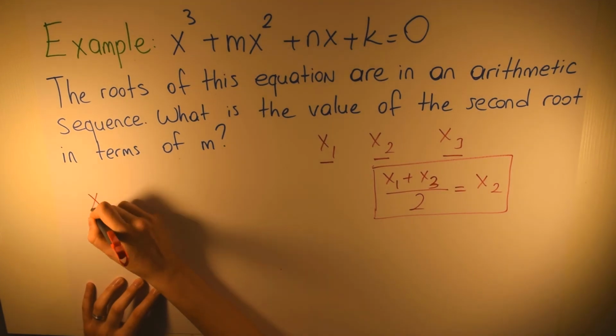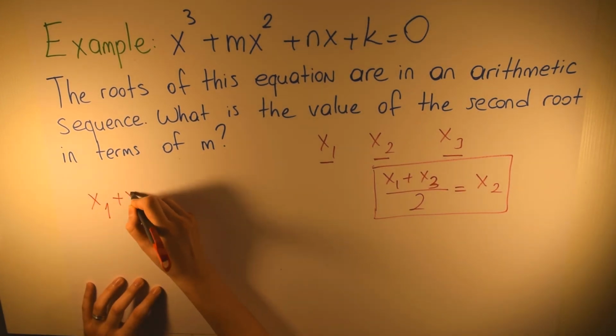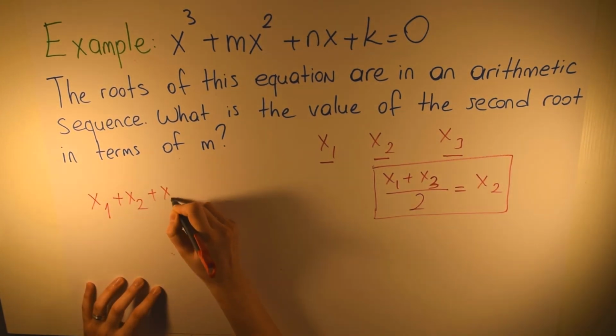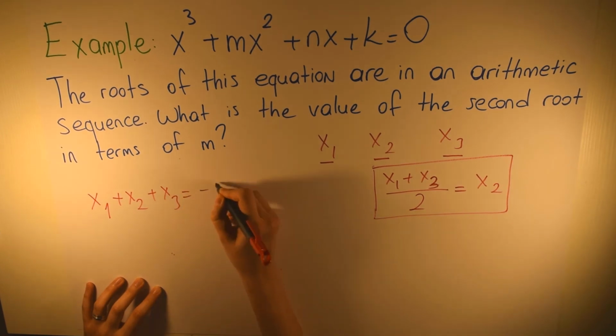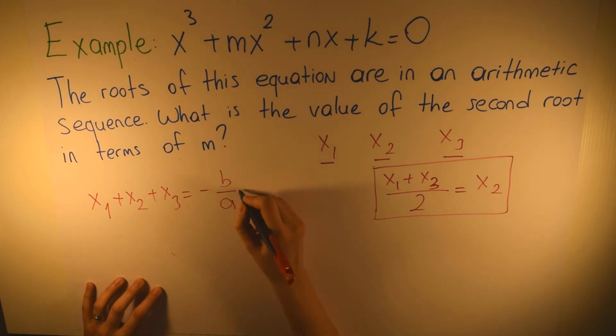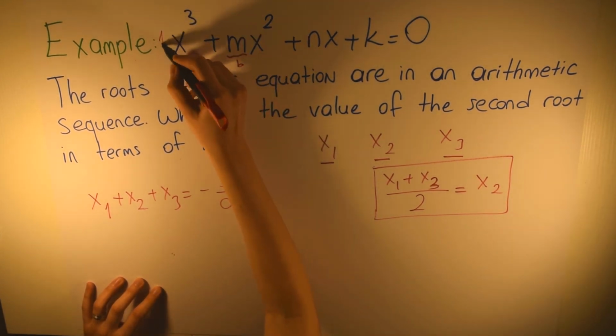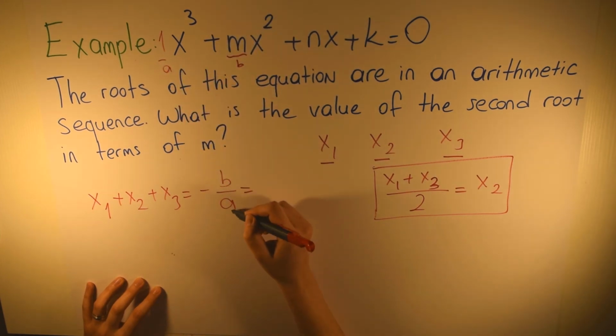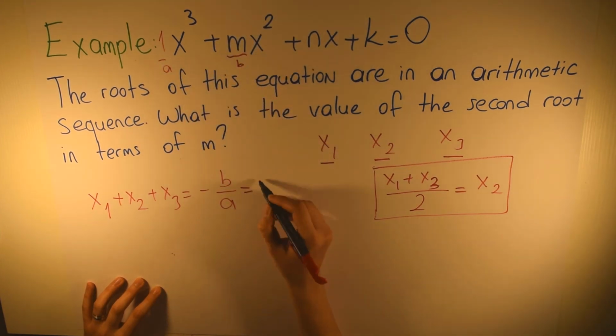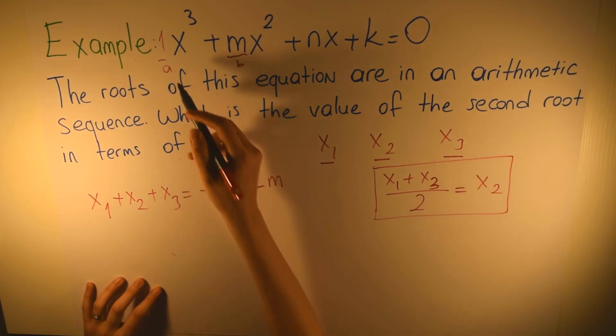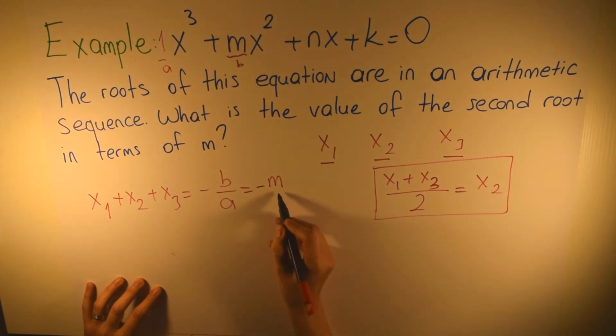So let's continue. I know the formula for the sum of these roots. It is x1 plus x2 plus x3, which is equal to minus b over a. This is our b, this is our a, so it is minus m over 1, which is equal to minus m.